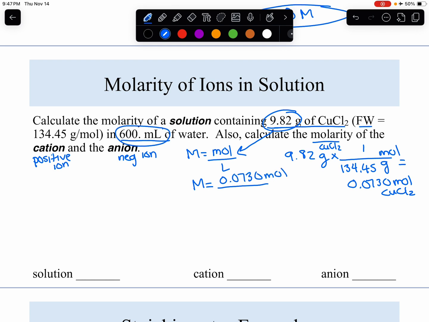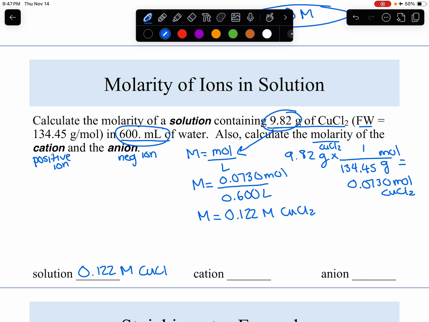And now this 600 mL of water, I need to convert to liters. We did that in the prior slides. Excuse me, this is liters here. You can check that out if you need it. So my molarity of my total solution, when I divide these, ends up being 0.122 molarity of CuCl2. So that answer is for my total solution.